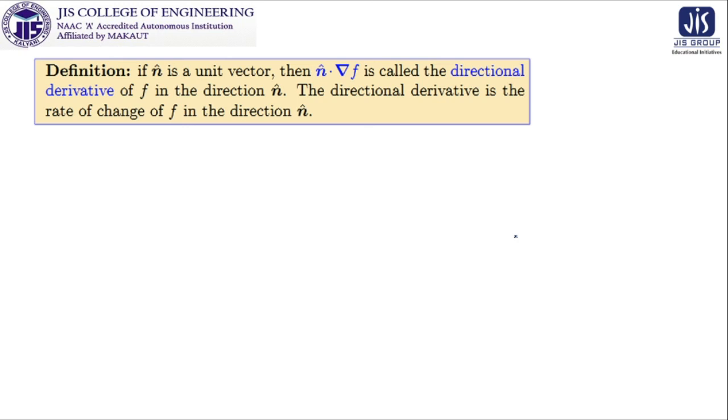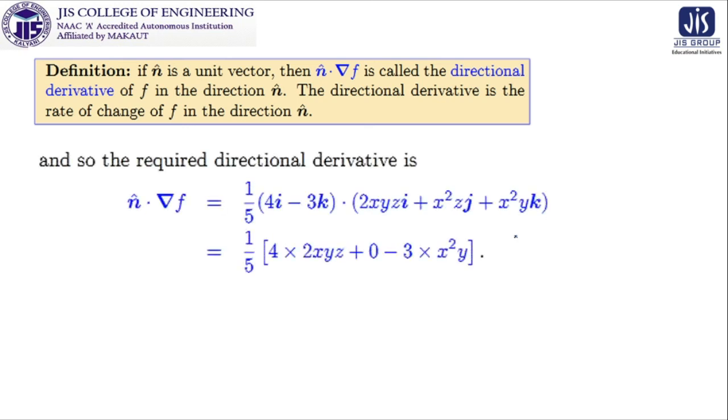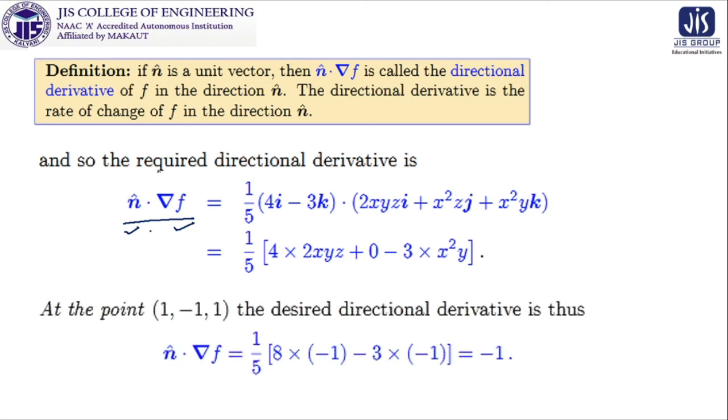And we finally conclude that the required directional derivative will be n dot del f. So n is already calculated, del f is already calculated, only this dot product is remaining. When you do this dot product between these two vectors, obviously it will be a scalar quantity, and finally we get the scalar quantity with respect to the point 1, minus 1, 1. So this is our final result. This is also an application of gradient in the calculation of the directional derivative.